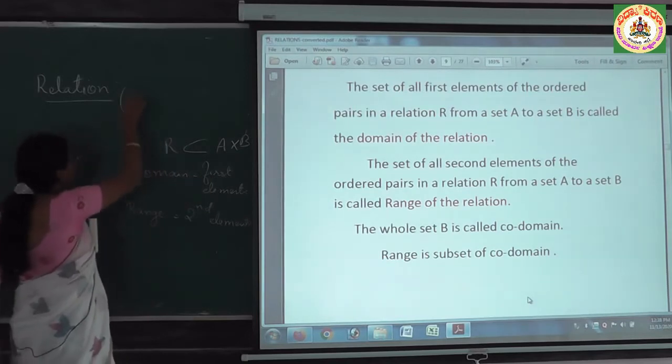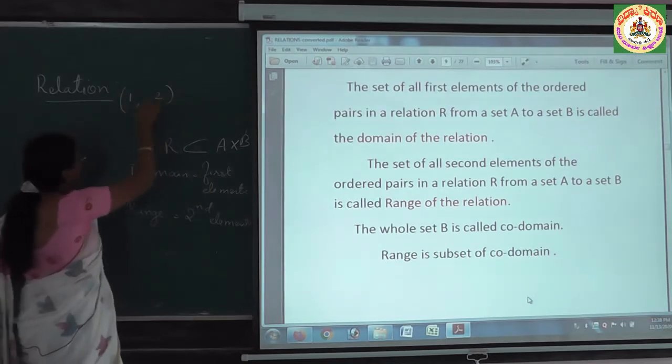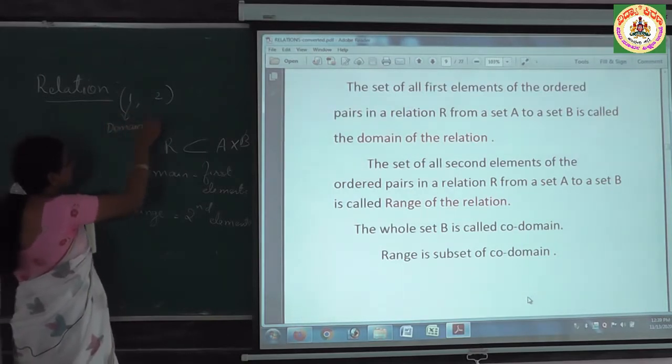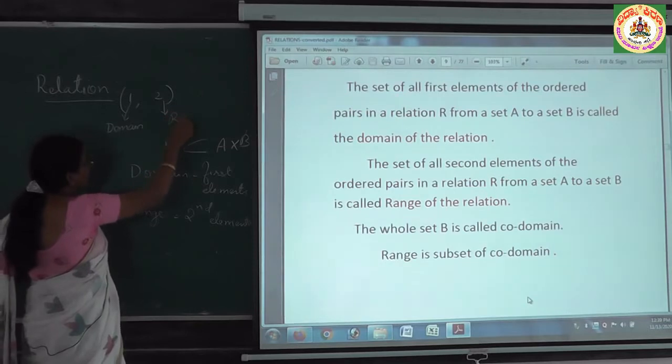Here, in (1, 2), 1 is called the domain and 2 is called the range.